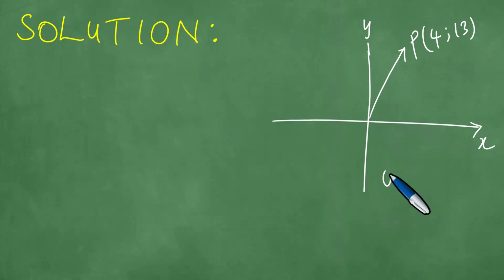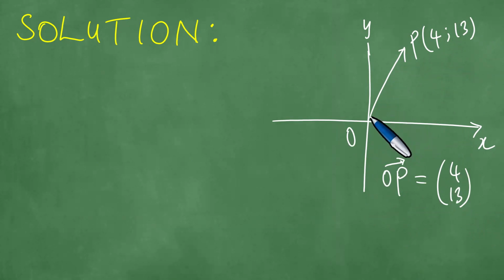The point P has coordinates (4, 13), which is justified by the fact that the position vector OP is (4, 13). Moreover, this is the origin O. And then we have Q here, which has the coordinates (16, 8).